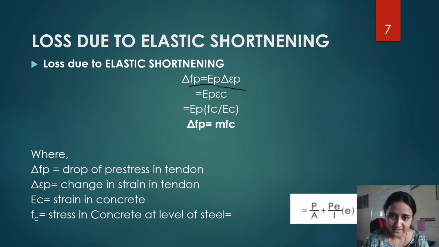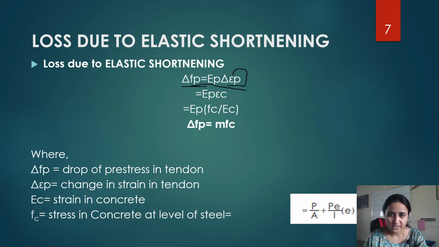Here Fp is stress in concrete, this is strain in concrete, and this Ep is the elastic modulus of concrete. By using this relation, E is equal to stress upon strain, we are going to calculate this particular loss.